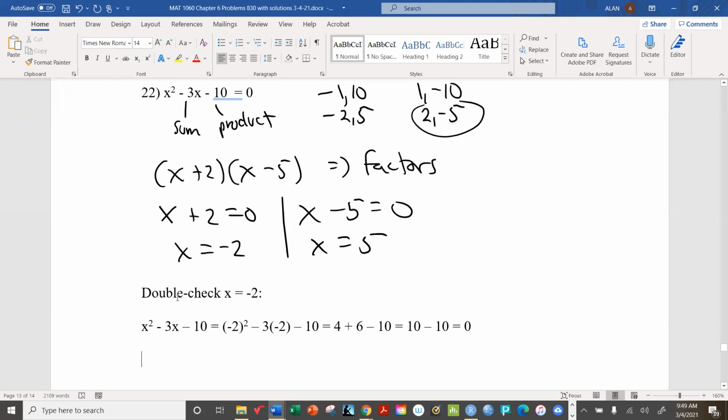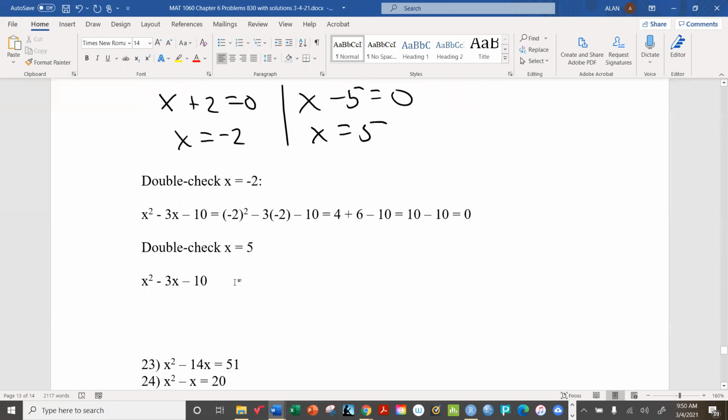Now let's double check again for x equals 5. 5 squared minus 3 times 5 minus 10 is 25 minus 15 minus 10. Okay, perfect.